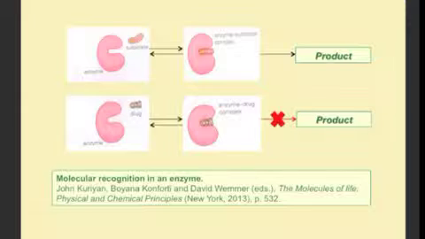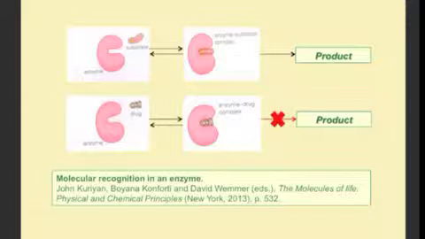Let's say if the enzyme is a digestive enzyme, the substrate may be a sugar, a disaccharide that gets chopped into two. If the substrate is some sort of a modulator of brain function, then the substrate goes in there.